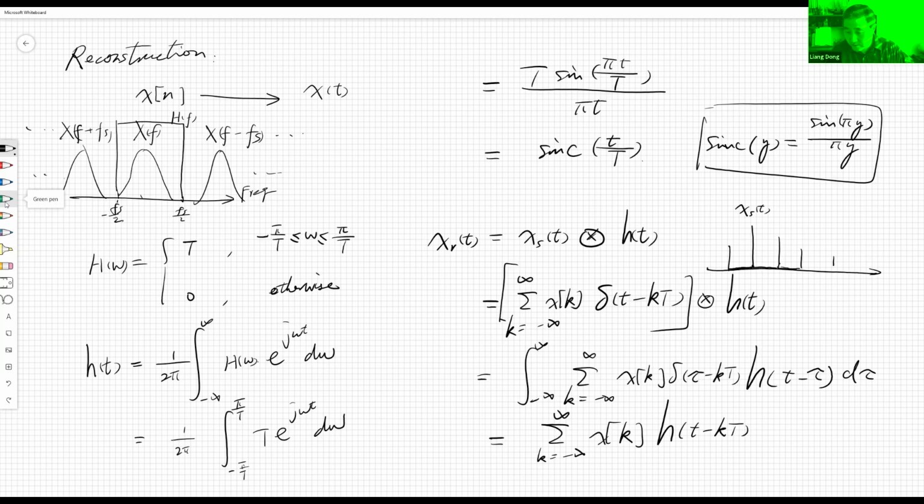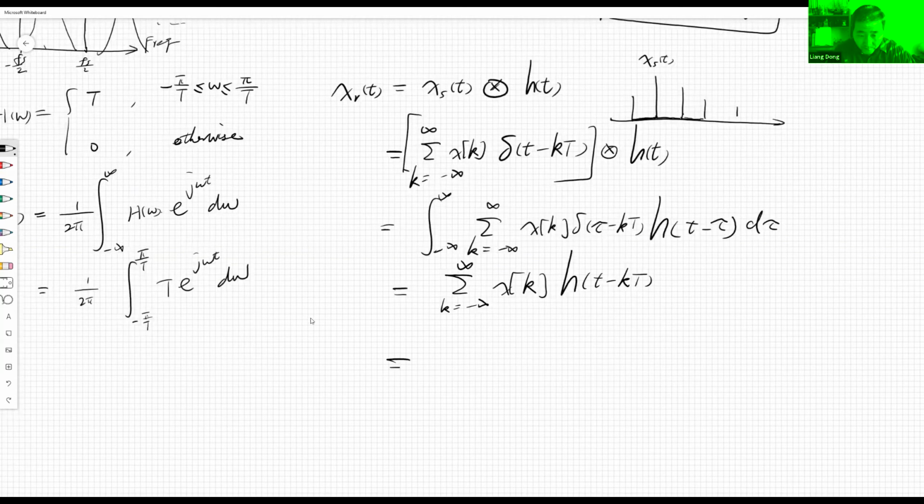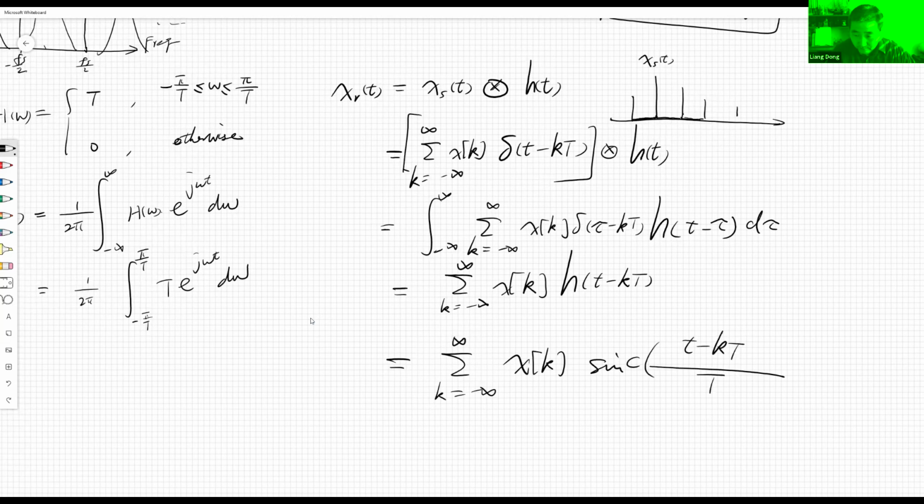So eventually we find the reconstruction formula, and this is the final result: the sum of x[k], each discrete-time sample point, multiplied by the sinc function, sinc of (t minus kT) over T. So for each point you multiply by a sinc function, another one multiplied by a sinc function, and then you add them together, and that gives you the reconstructed signal.